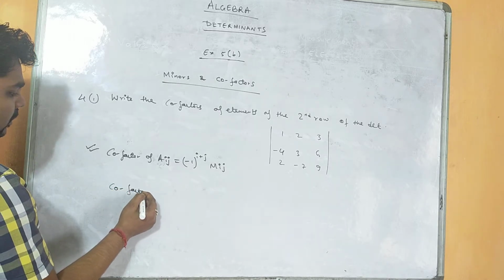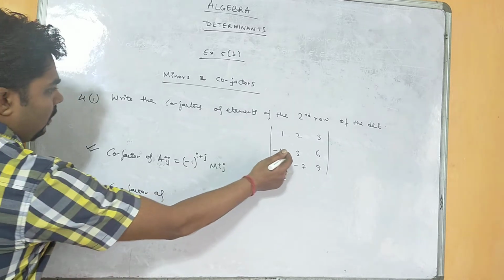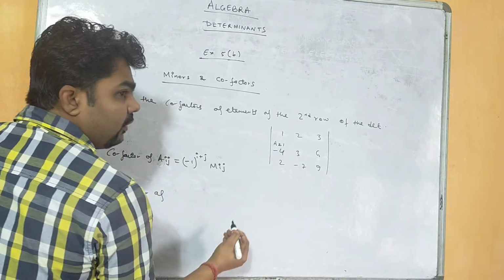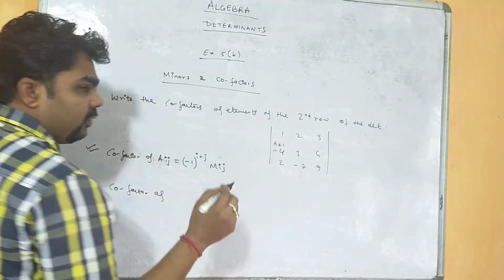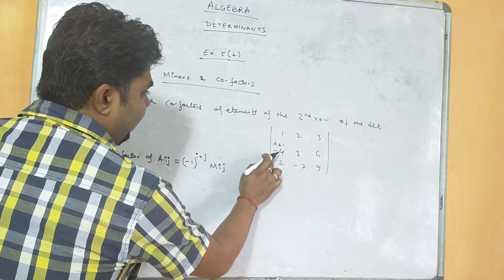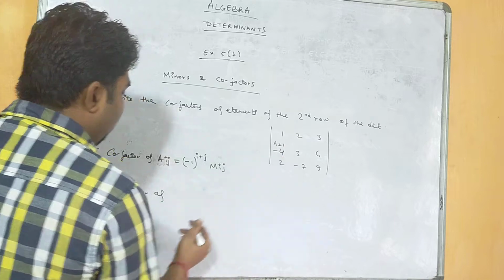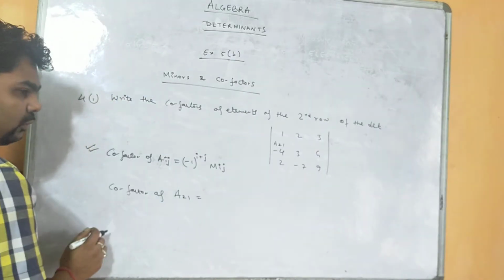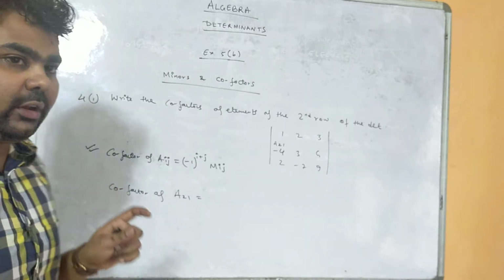Cofactor of -4. Now what is this position here? That is A21, right? Row number 2, column number 1. First we mark the row, then the column. Second row, first column, that is 2 1. That is the cofactor of A21. We can write -4 here also, but generally we write its position.